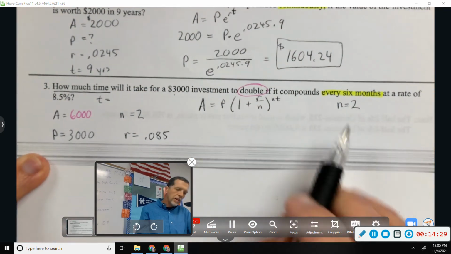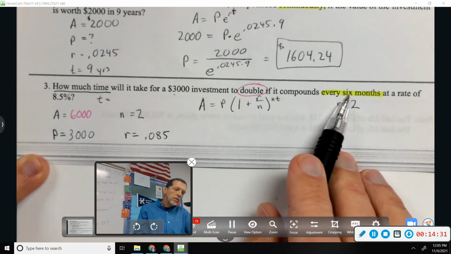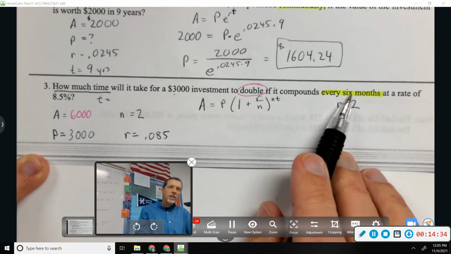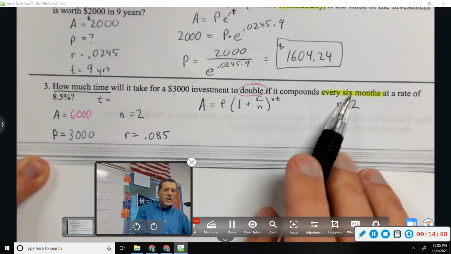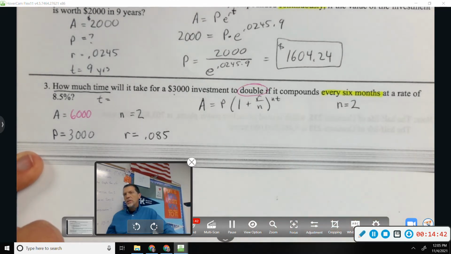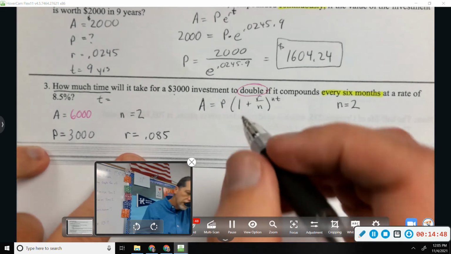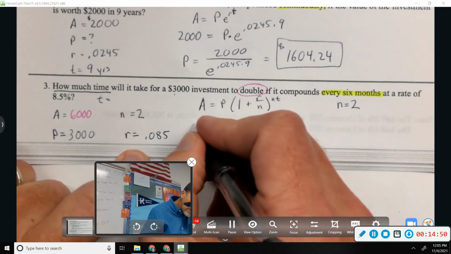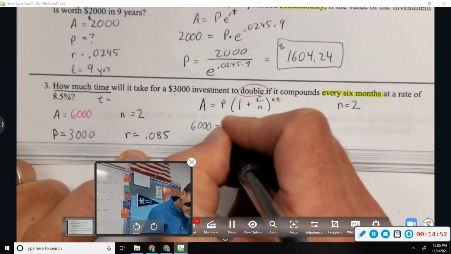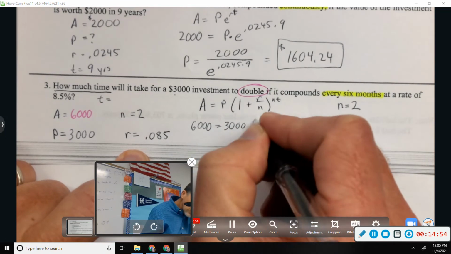Because it compounded every 6 months rather than compounded continuously. There are 2 compounding interest formulas. One of them we use for continuously, one of them we use for monthly, quarterly. Should be the first equation we got. Yes. And we're looking for time, so let's fill in everything we know. This is going to take a little bit more work than those others.